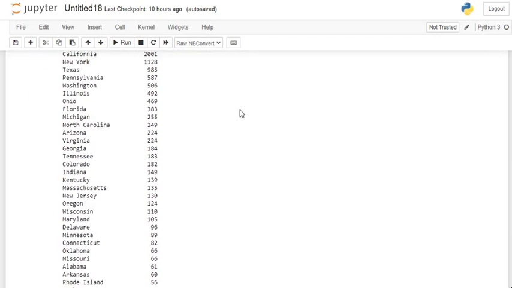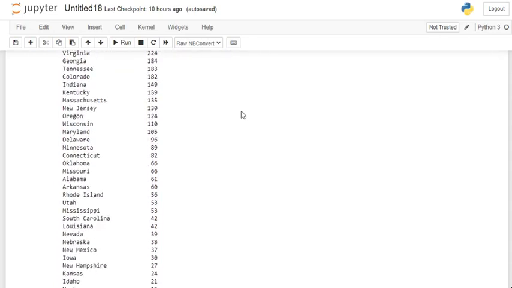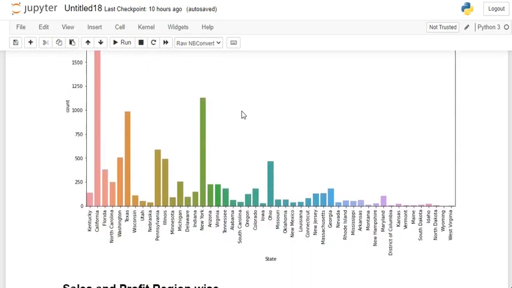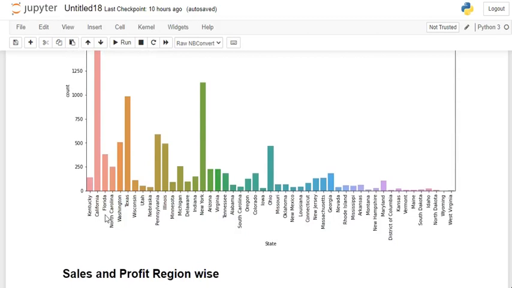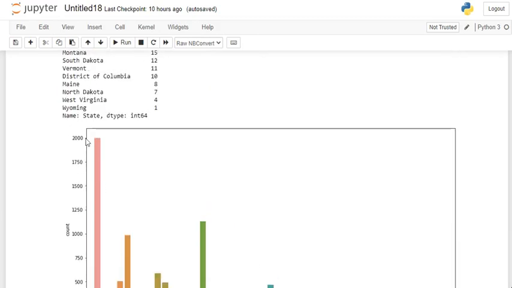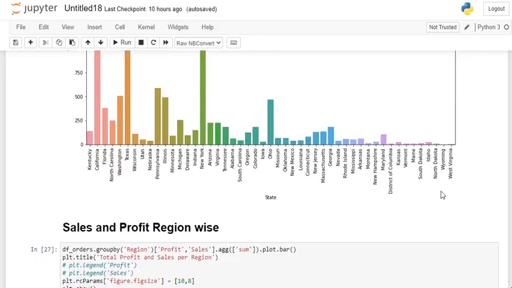Again, how many cities are there? Let us see. Kentucky, California, Florida. Likewise, this is the state under which how many cities there are. In California the number of cities is more, in North Dakota the number is a bit less, and in West Virginia very few cities come under this state.